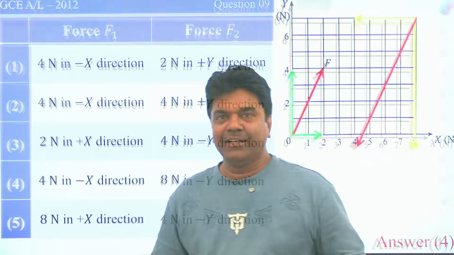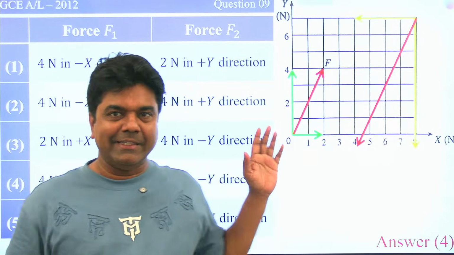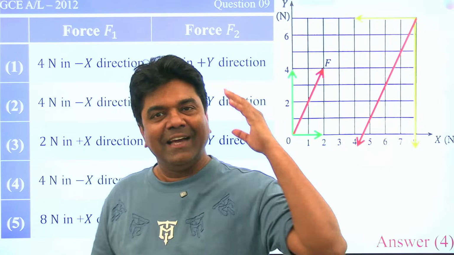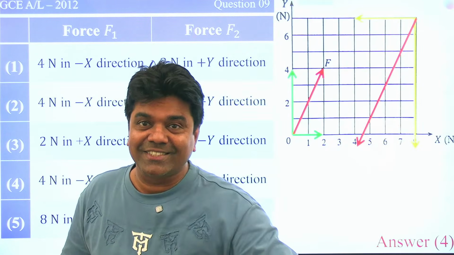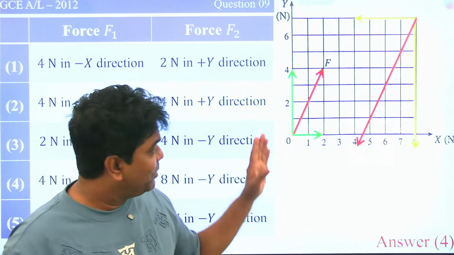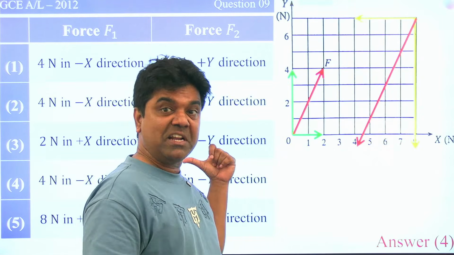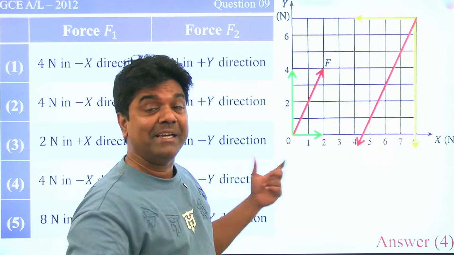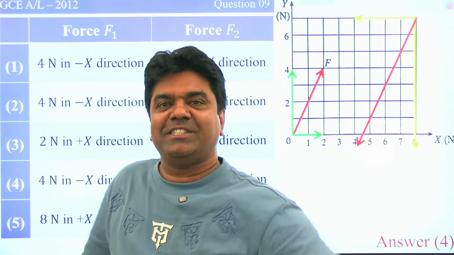Now the point here is, we have a vector OF and we want to reverse it. First of all, you have to reverse the two components. So the x component is 2 Newton, the y component is 4 Newton. So you need to reverse 2 Newton to the other side, twice bigger, because you want to reverse it to the same value.